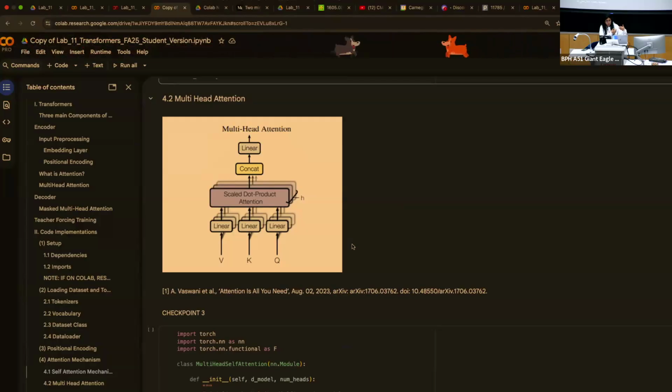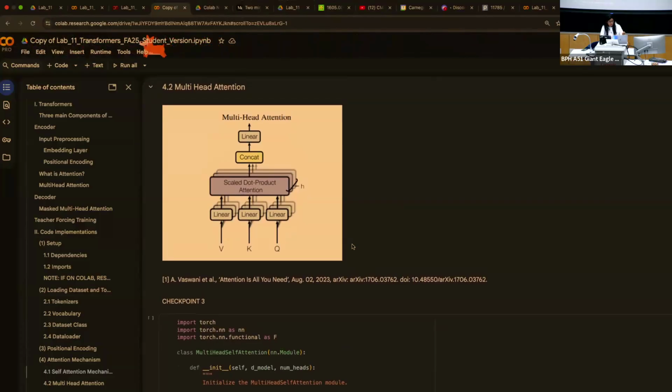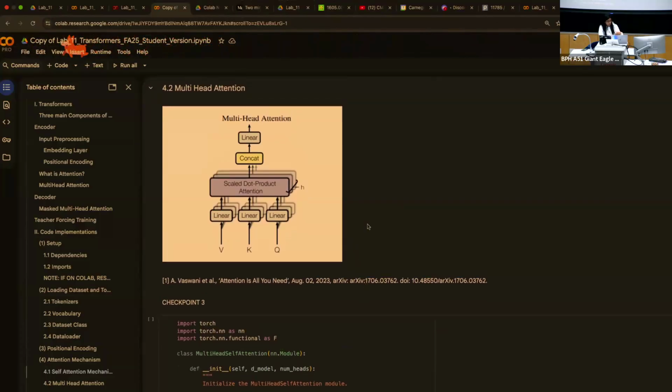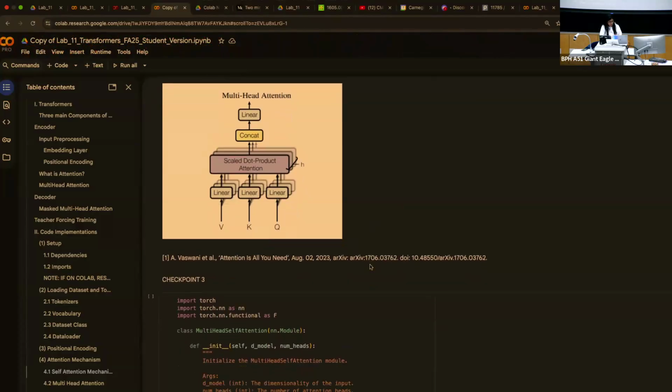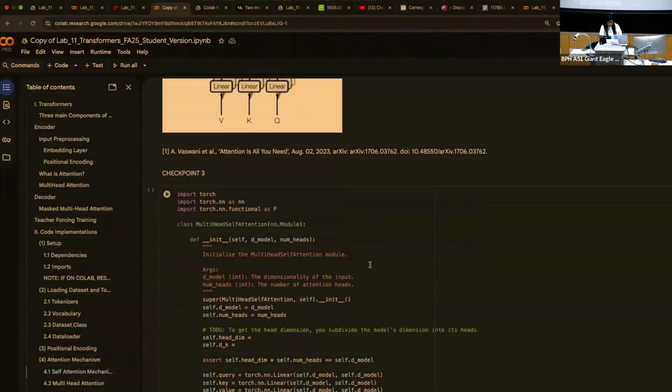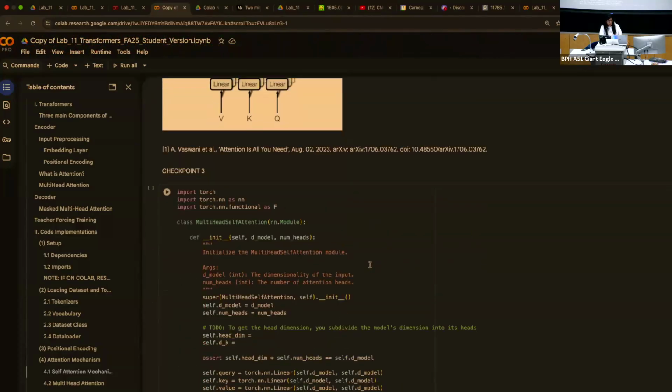So we want to assign multiple queries for the same token. That's why we use multi-head attention. You can think about multi-head attention as not increasing the computation, but actually parallelizing it.